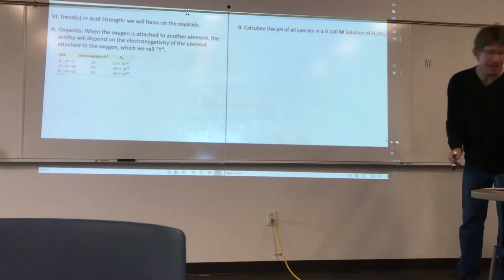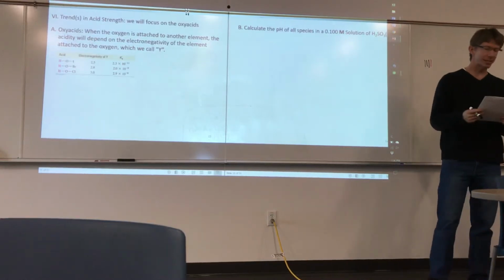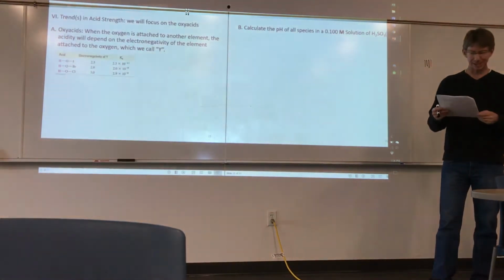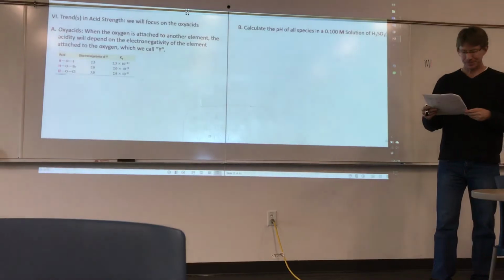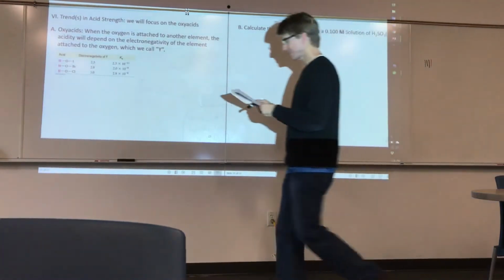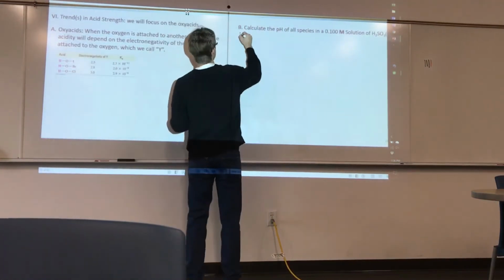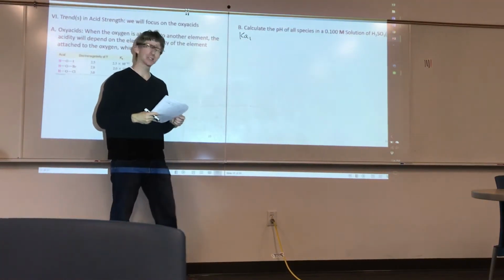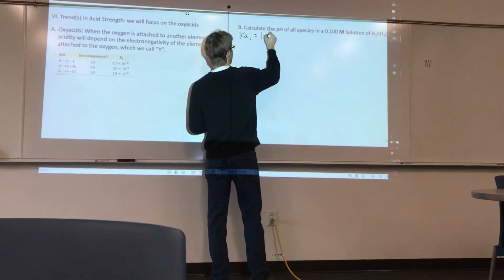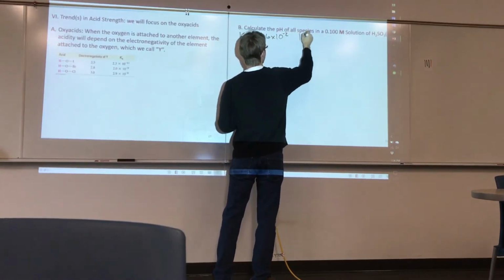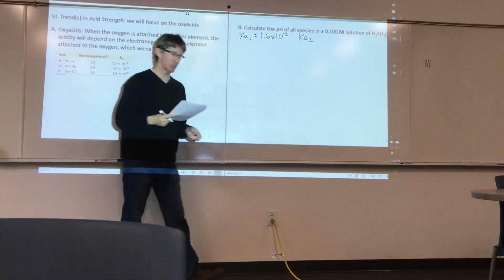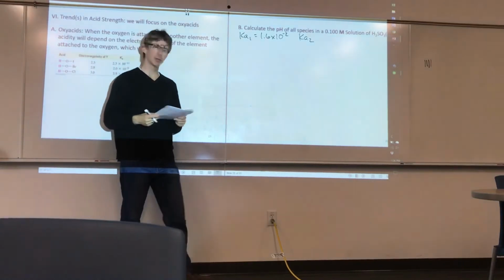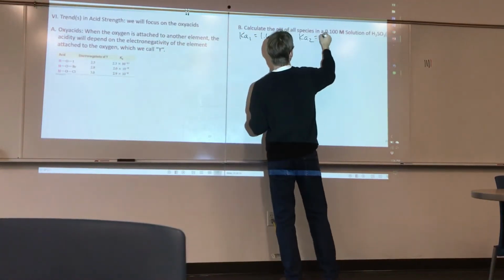And one of the things we have to know from the previous slide where we did last time is that Ka1 of sulfurous acid was 1.6 times 10 to the minus 2. And Ka2 of sulfurous acid was 6.4 times 10 to the minus 8.